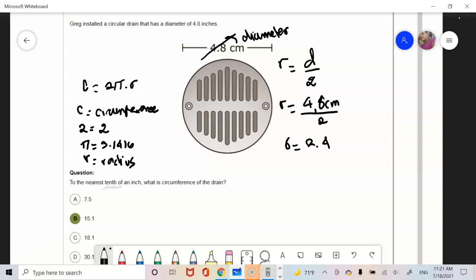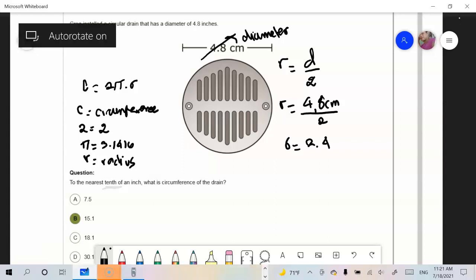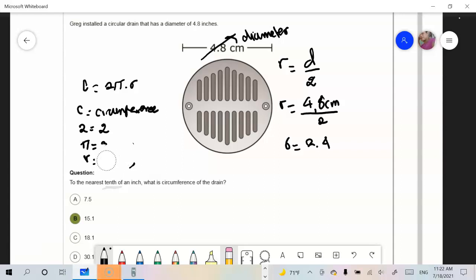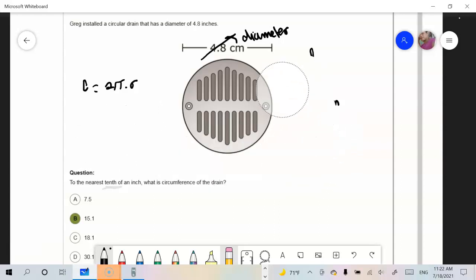So now, what are we going to do now? We are going to calculate the circumference. We're going to use the equation for the circumference that we have here. So we know that the radius is 2.4. So let's calculate the circumference.